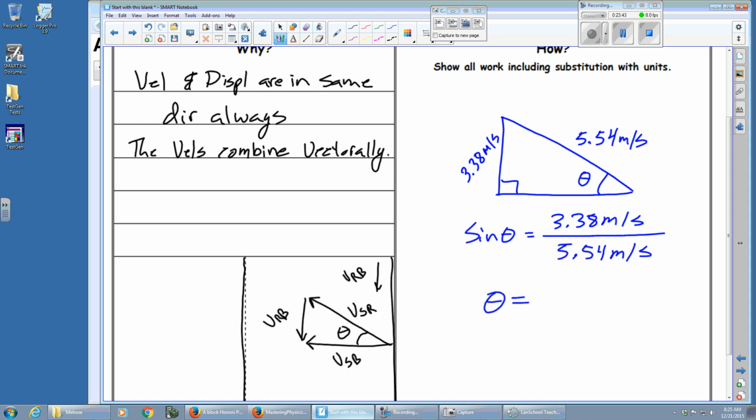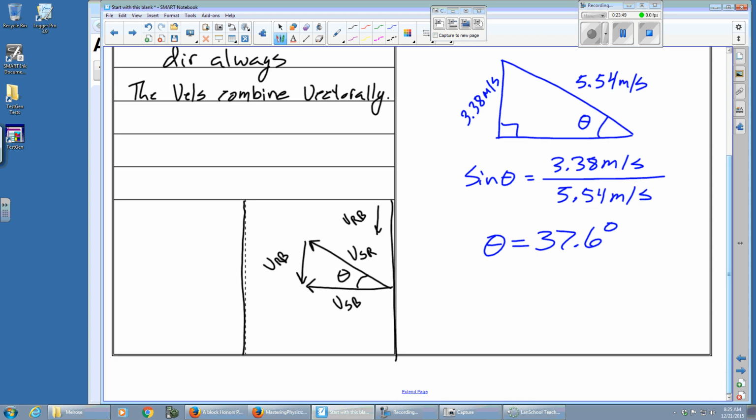And I get 37.6 degrees for mine. That would be part A.